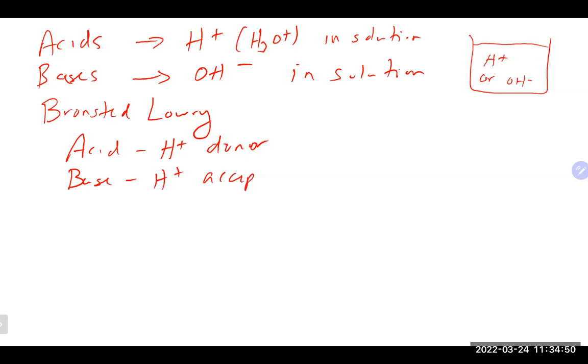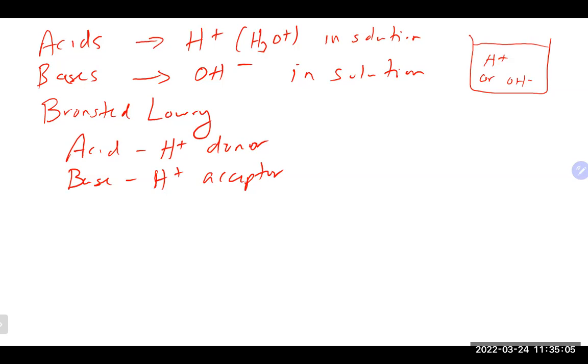As we talked about last time, H plus is also referred to as a proton in acid-base chemistry, because it has a proton, an electron, and no neutron. So obviously when it loses its electron, it becomes just the proton.